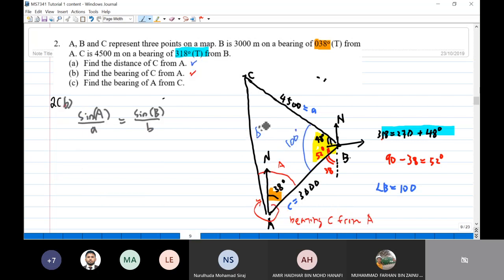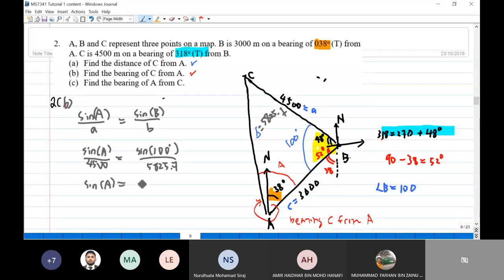So sine A over side opposite A, which is 4500, equals sine B, which is sine 100, over side b, which is 5825.7.